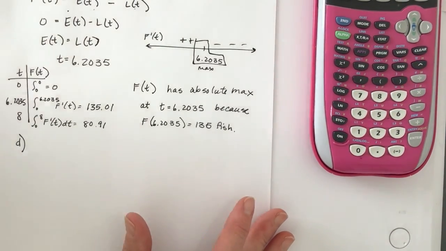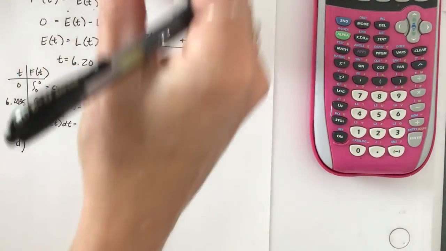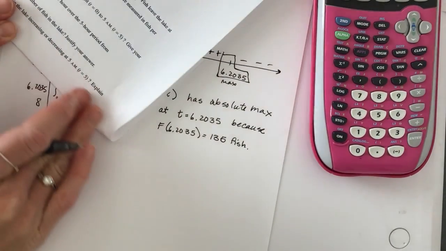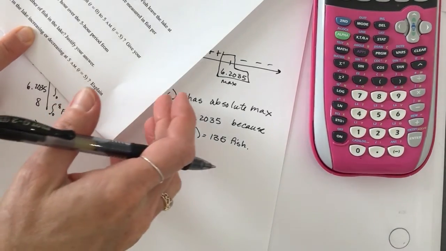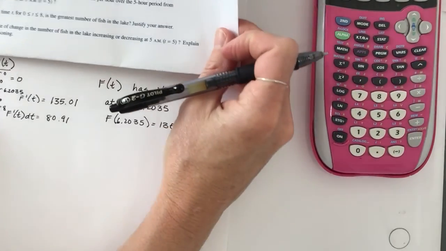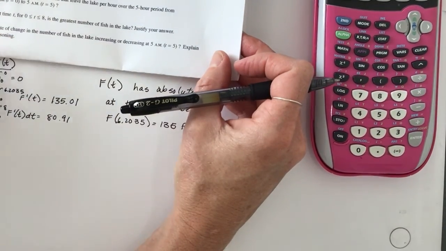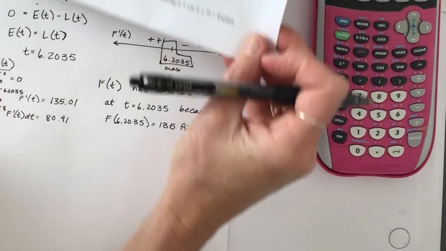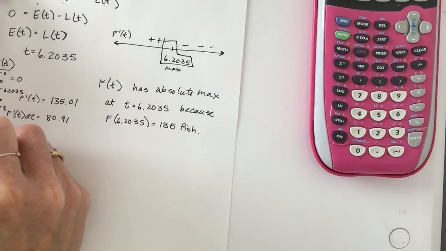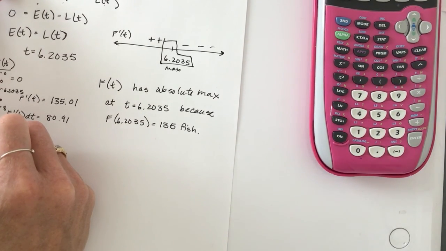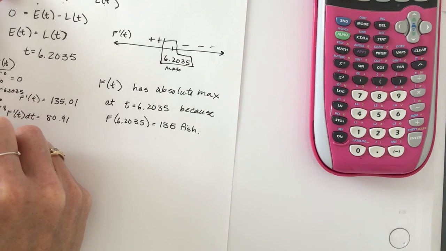So we would take the second derivative because the rate of change, so to find if something is increasing or decreasing, we would take the derivative, right, and look at the sign. So here we're doing the rate of change in the number of fish. So we want to know if that's increasing or decreasing at 5 a.m.